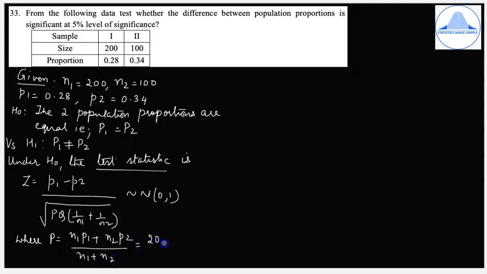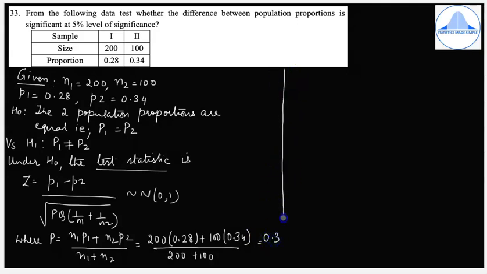Substituting, we'll get 200 into 0.28 plus 100 into 0.34 divided by 200 plus 100. So on simplification, we get capital P as 0.3.